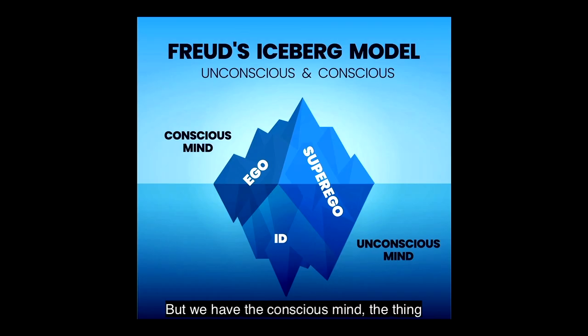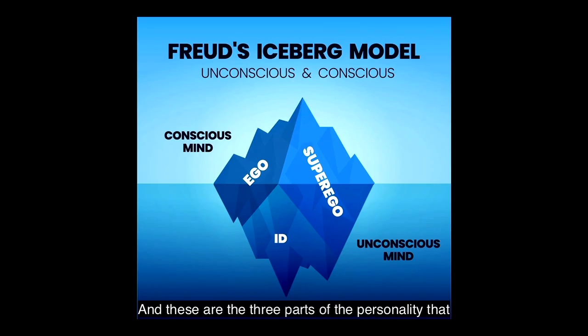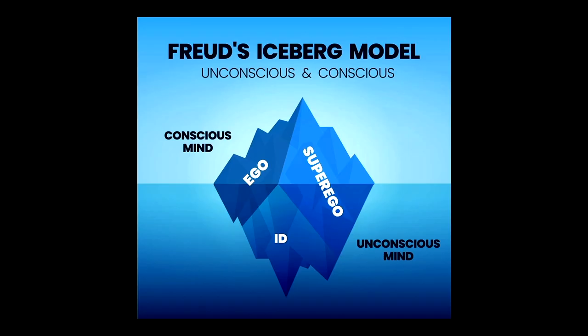But we have the conscious mind, the stuff that we're aware of, the unconscious mind, things that we're not aware of, and the ice itself is separated into three parts. These are the three parts of the personality that Freud has postulated. We start off below the water, completely outside of our awareness, is the id.